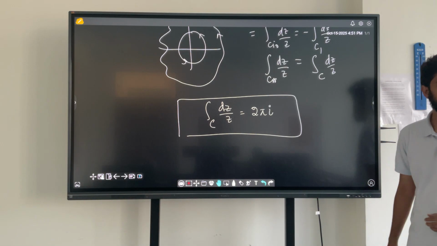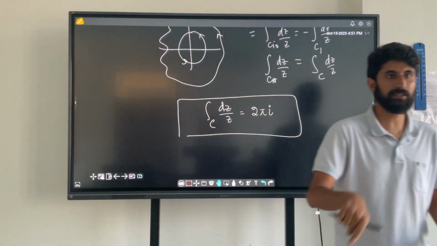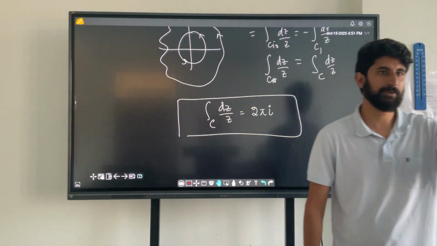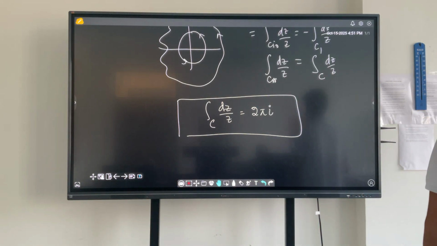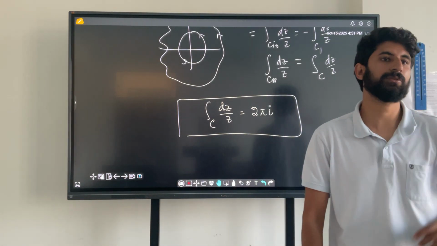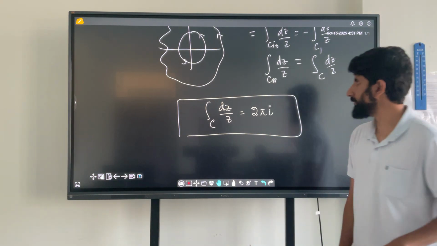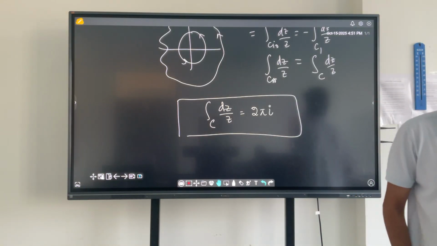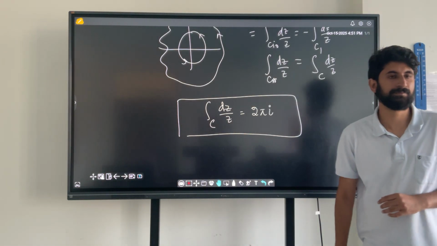So this result that we derived, we did it for a circle, but the circle is not necessary. You could have chosen any shape you want. The reason we did it for a circle is that it was very simple to do the integral. It would be very difficult to do the integral on some very complicated loop, but you know the final answer.